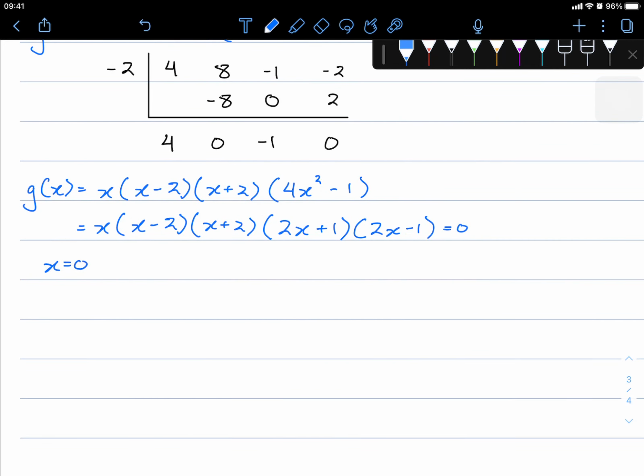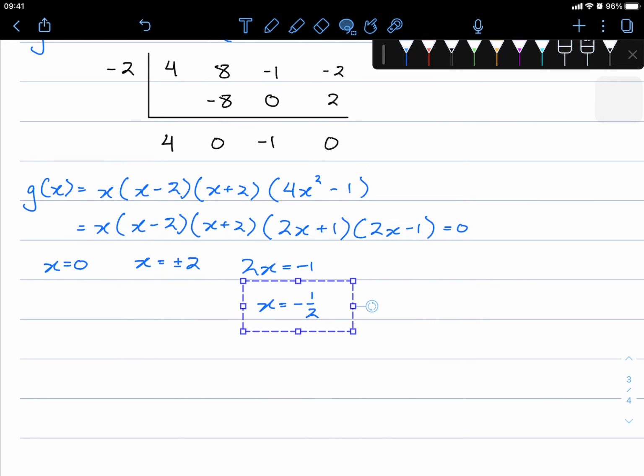x is equal to 0. I'm going to go straight into the solution, because normally it's x minus 2 is equal to 0, but I'm going to skip straight to the solution now. So we're going to get x is equal to plus or minus 2, as we can see here. 2x plus 1, it's going to be 2x equals negative 1, x equals negative half. Okay.